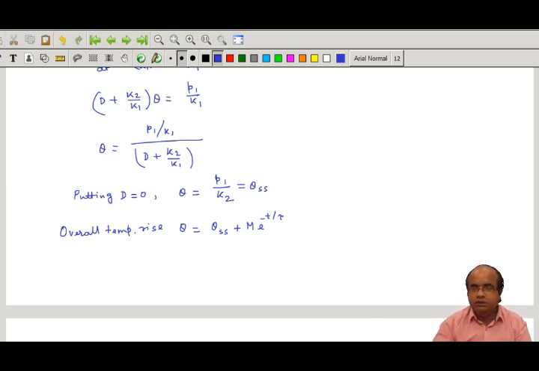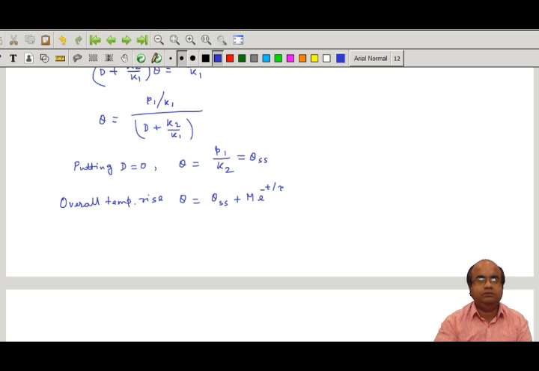Now you have to calculate the value of m from the initial conditions. What is the initial condition? At t equals 0, let the initial temperature rise be theta equals theta 1.